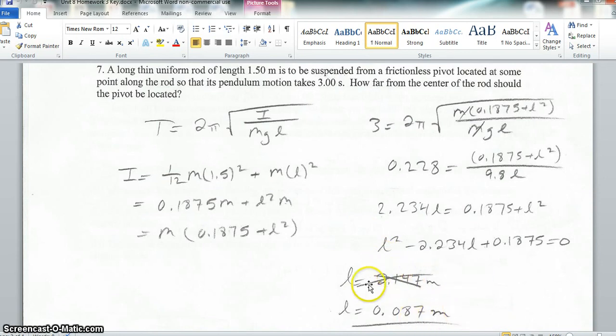Hopefully the obvious problem with the first one is that 2.147 meters is longer than the actual rod itself. It's not possible to have a pivot point located further than the rod's length away, so I ruled that one out. My only remaining answer is 0.087 meters, or 8.7 centimeters.